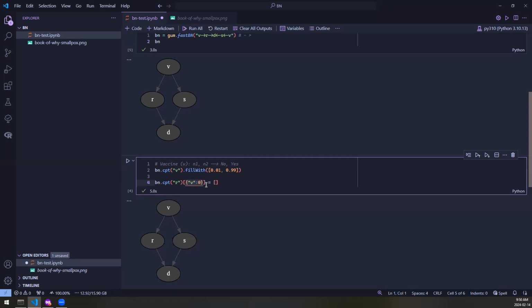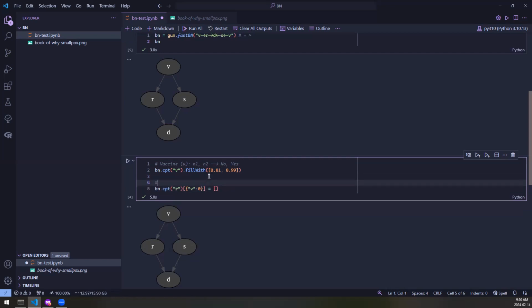This is our assumption. Then we fill the 2 numbers for reaction, our variable R. It's a binary variable, so no and yes, exactly the same structure as vaccine.